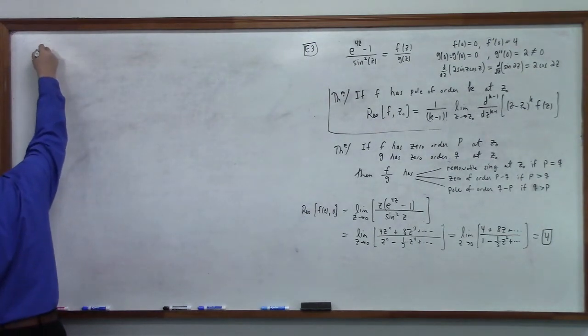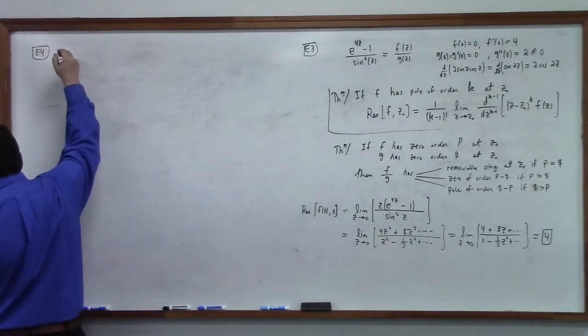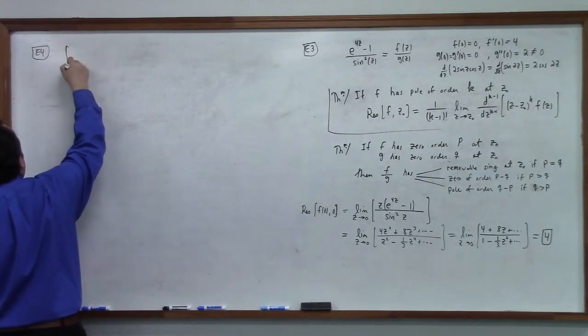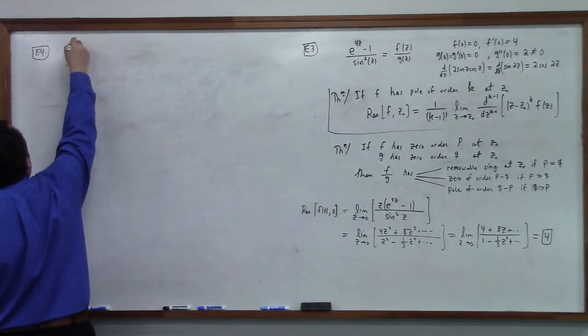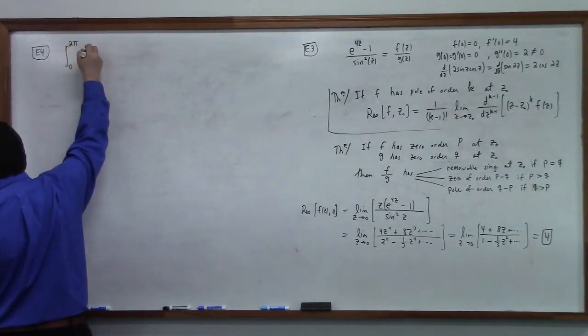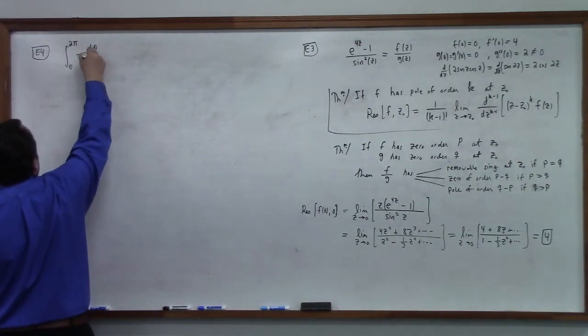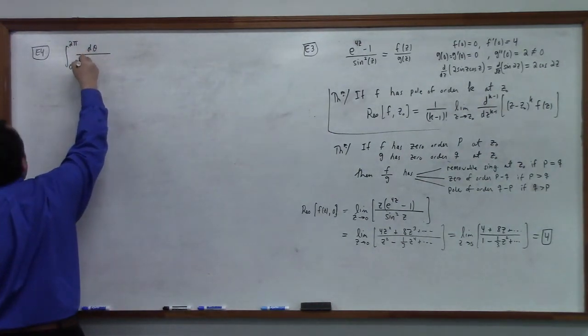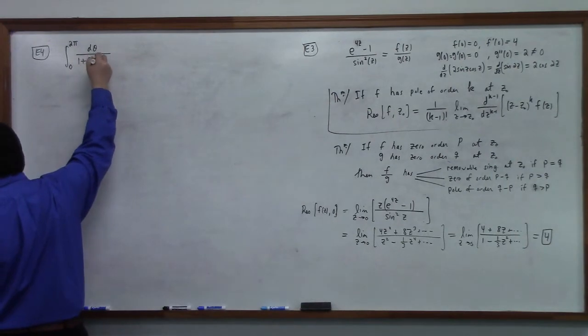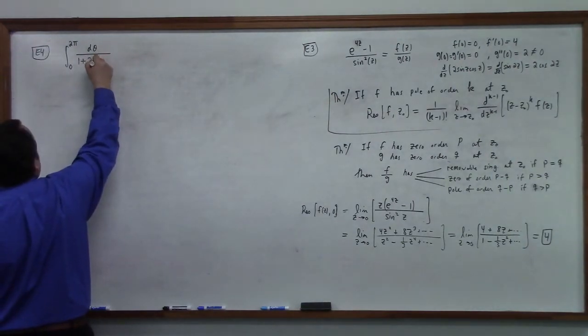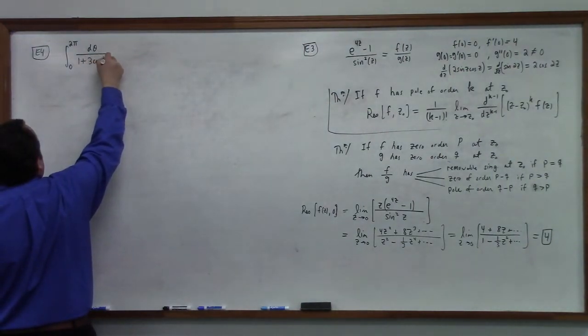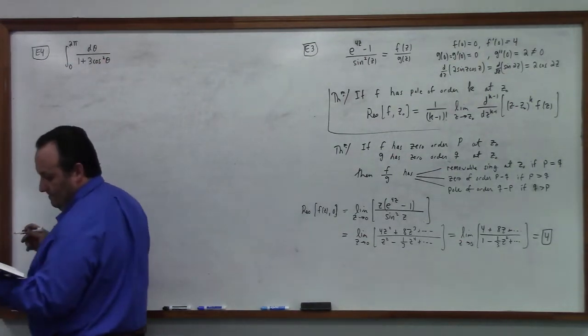Example 4. Suppose you want to calculate the integral from 0 to 2 pi of d theta over 1 plus 3 cosine squared theta. All right.